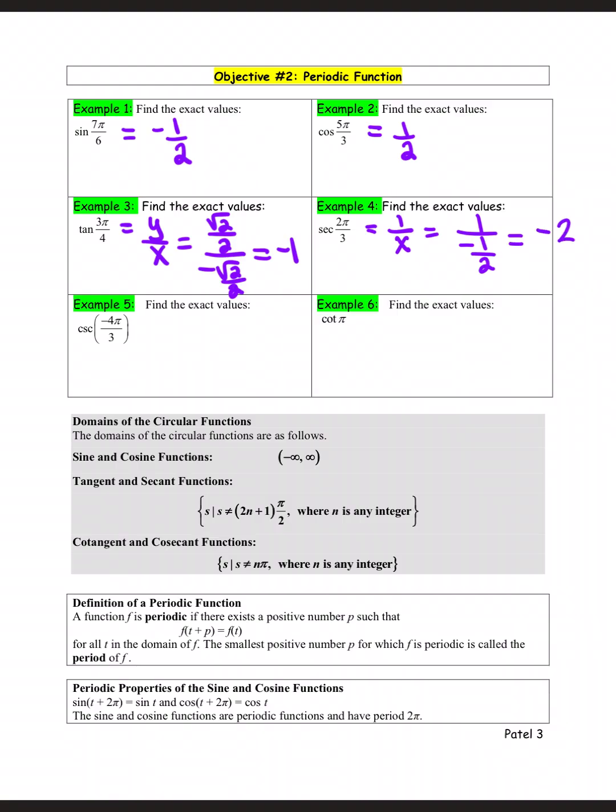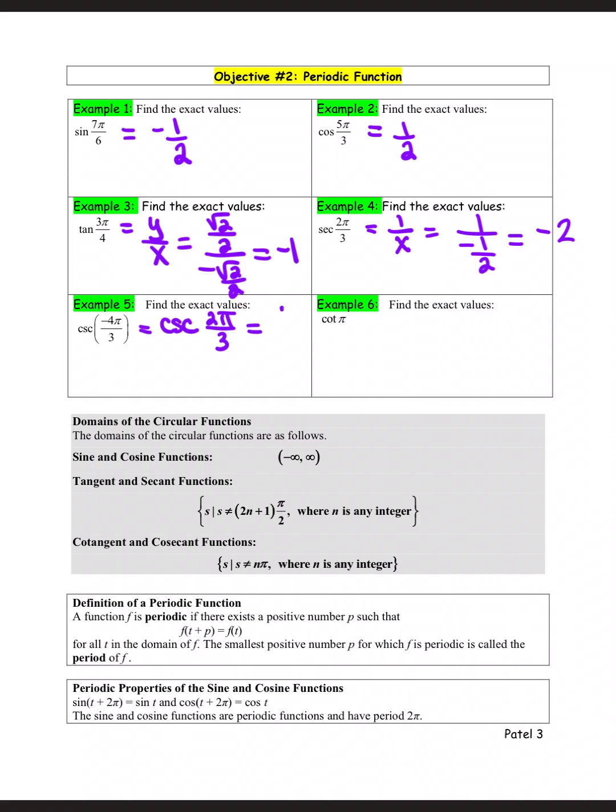Cosecant of negative 4 pi over 3. Remember, negative angles go clockwise, so go to negative 4 pi over 3. If you don't like negative angles, you can always add 2 pi and get the positive coterminal angle. So negative 4 pi over 3 is coterminal with 2 pi over 3, so this is the same thing as cosecant of 2 pi over 3.